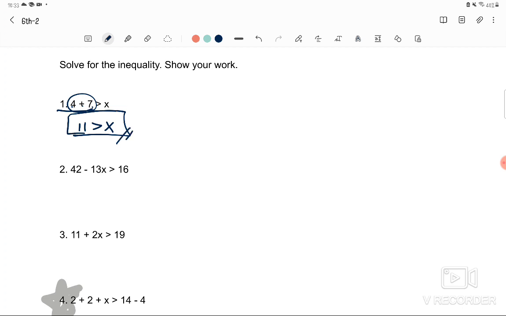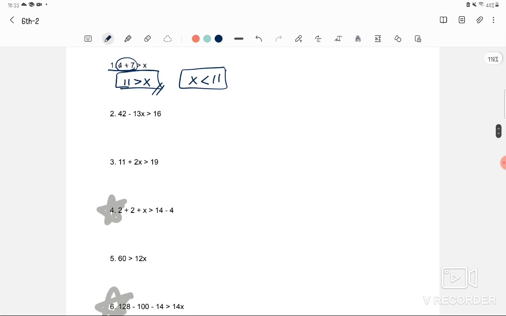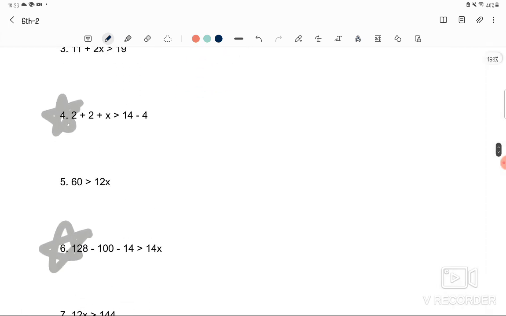This is the answer. As a simple tip, it is easier to recognize the answer if the x is on the left side of the inequality. Yeah, it's the same thing for equations too. So let's move on to number 4.